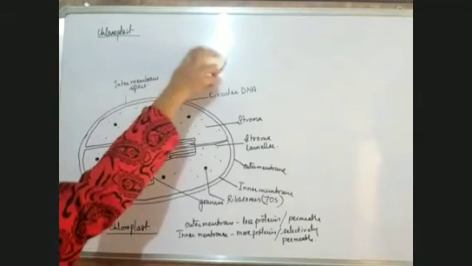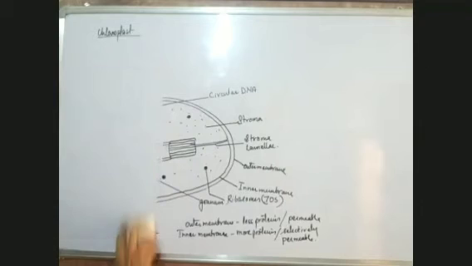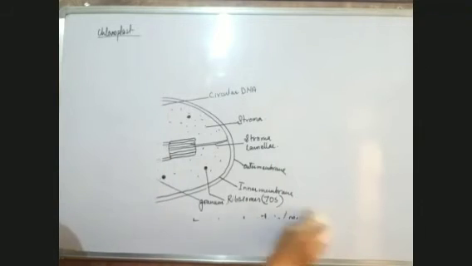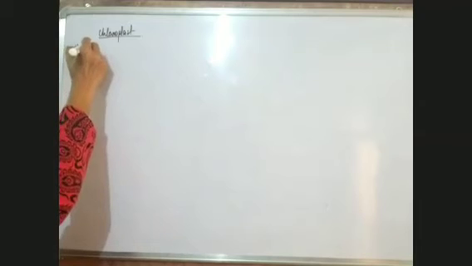One more very important feature of chloroplast. The first feature which I told you was semi-autonomous organelle.